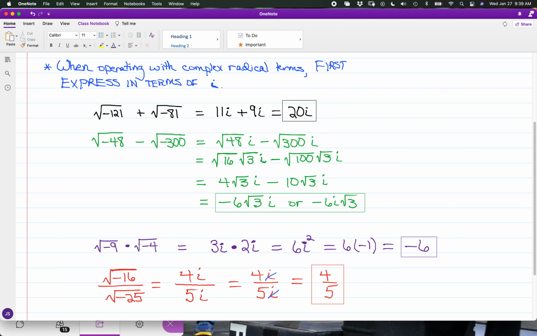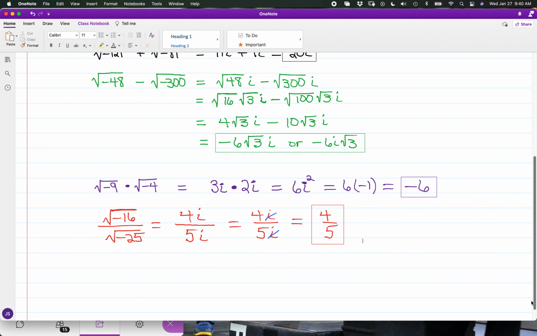There is potential for careless mistakes, where it's easy to get into the habit of multiplying terms in the same type of radical and combining them together: negative times negative is a positive, square root of positive is a positive. But since we have complex numbers, there's that added dimension, a little bit of added work to express in terms of the variable i, whereas with addition, subtraction, and division, it's more baked in, so to speak.